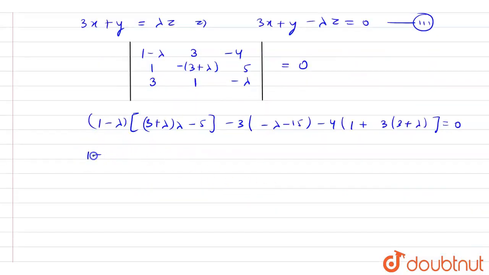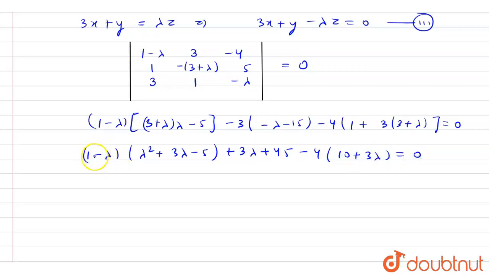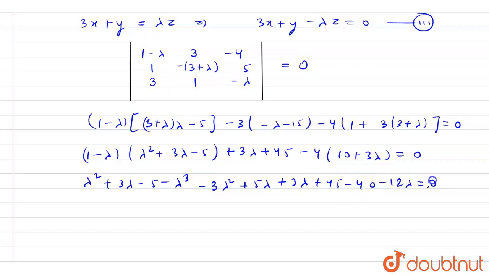Now we have (1 minus lambda) multiplied by (lambda square plus 3 lambda minus 5), plus 3 lambda plus 45, and minus 4 times (9 plus 1, 10, plus 3 lambda) equals 0. Now if I solve this, I'll get lambda square plus 3 lambda minus 5 minus lambda cube minus 3 lambda square plus 5 lambda, plus 3 lambda plus 45 minus 40, and minus 12 lambda equals 0.